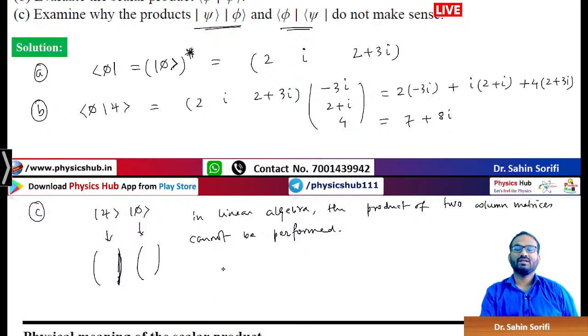In a similar way, if you consider, let us say, phi psi, so this is a row vector, this is also a row matrix or row vector, so this product is also not possible.